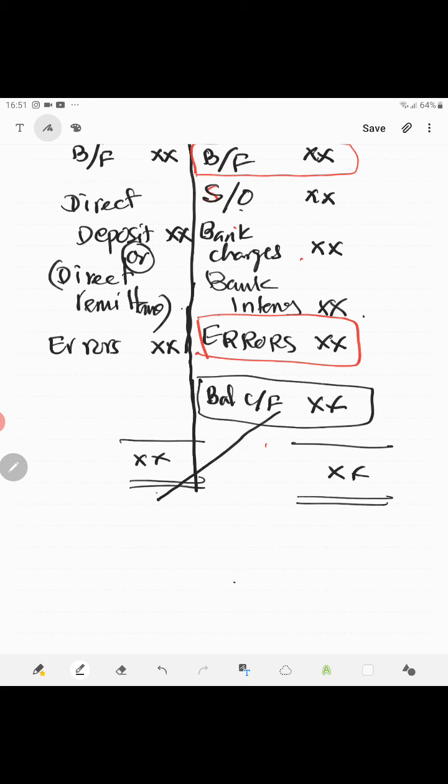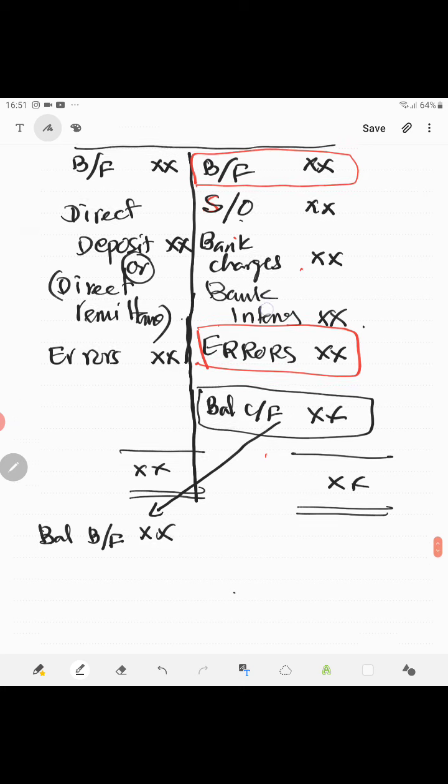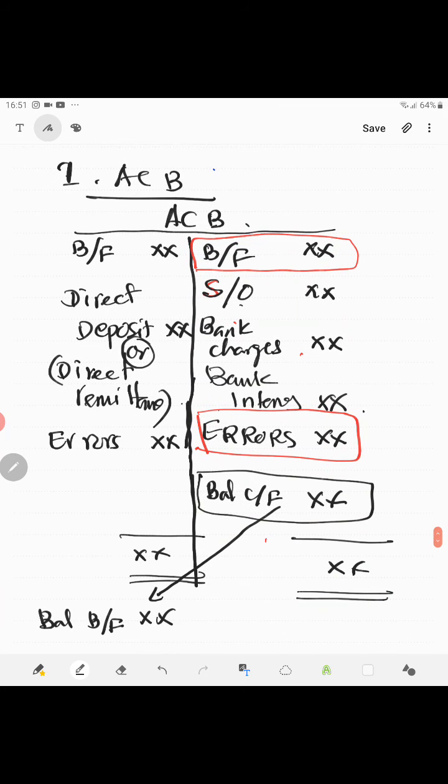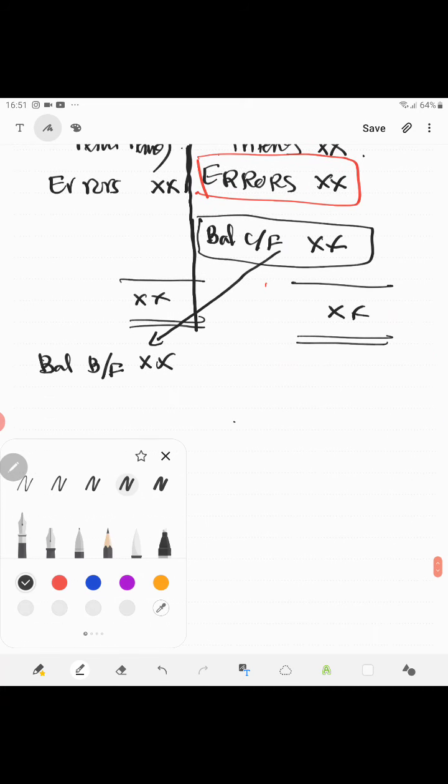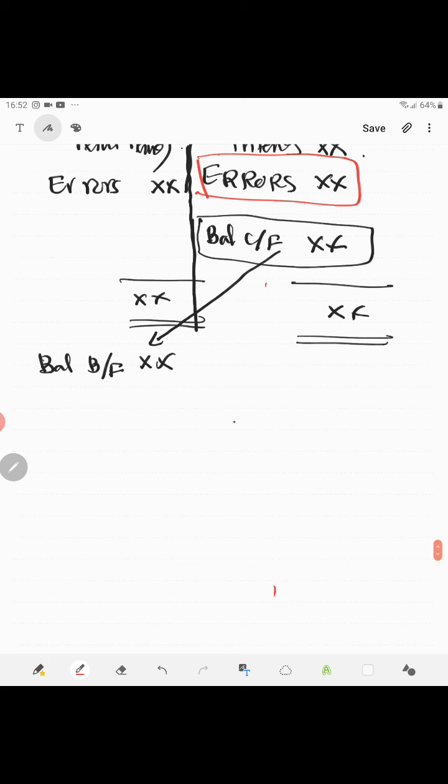Remember that will be brought down here. Balance brought forward. So this is a typical scenario or an example of what you need to do with the adjusted cash book. After completing this, then you have to work on what we call a bank reconciliation statement.